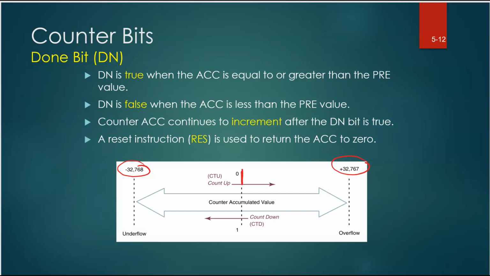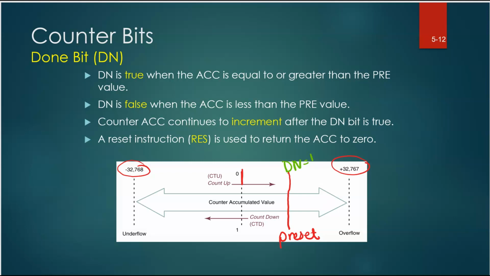If you're having a CTU, which means that you're having a counter up, then your accumulator value starts accumulating by incrementing until it reaches your preset value. Let's assume that here is your preset value. As soon as it reaches your preset value, your done bit will turn to 1.